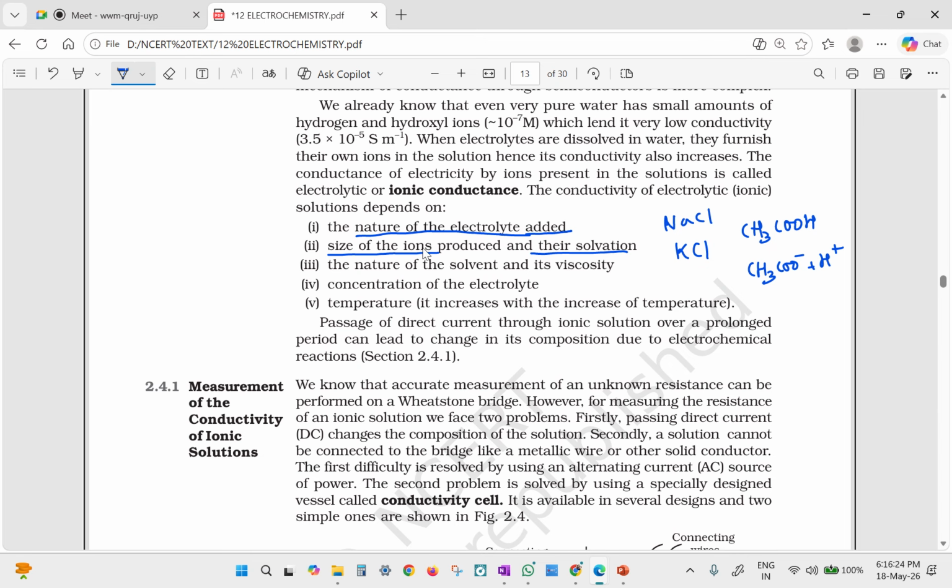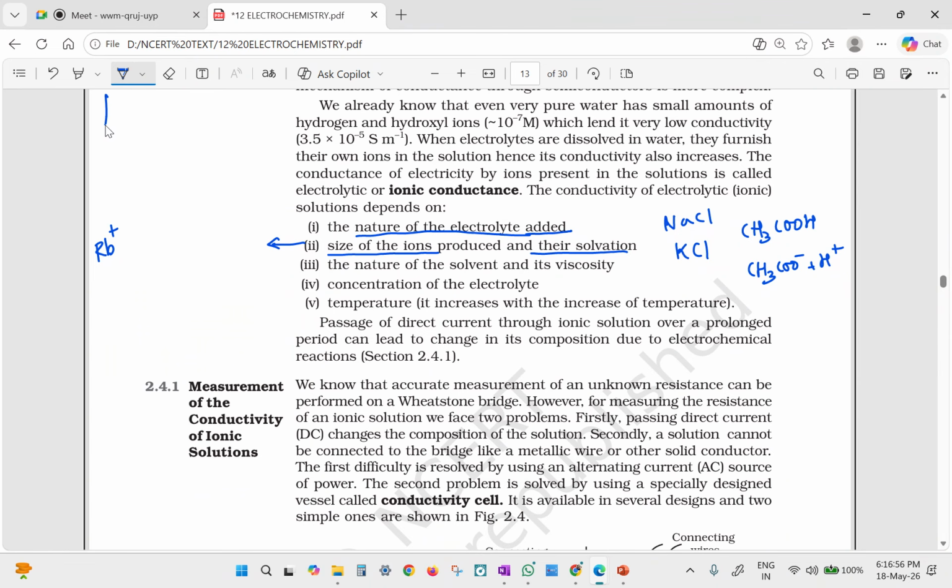This thing is very important, though it is not discussed in the textbook, children. There is a trend. The larger cations show greater mobility than smaller cations. Please note the point. Supposing I'm talking about group 1 ions. Francium is the largest, but we don't consider it.